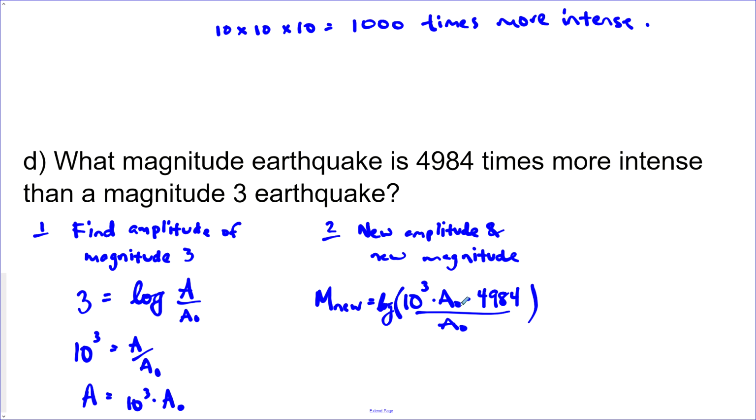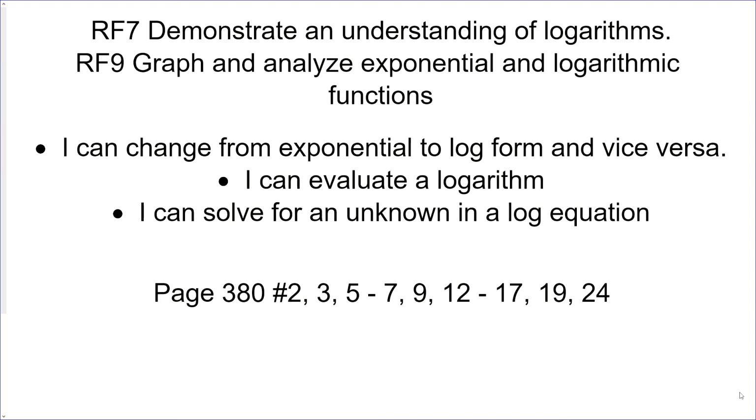And you can see that the A naughts cancel, so nowhere in this question did we need to know it. Sometimes they give you that value, sometimes they don't. And our new magnitude then is just put log 10 to the power of 3 times this in your calculator, and you get about 6.7.